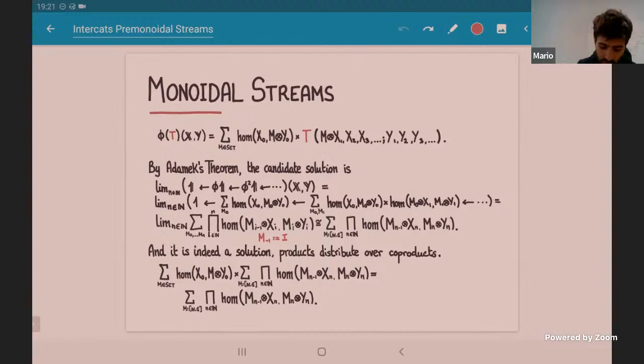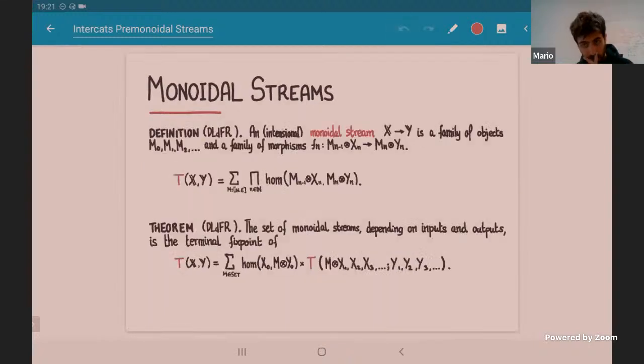And we get a definition of monoidal stream, which is this one here. So the first definition of the paper and first theorem is: an intentional monoidal stream is a family of objects, the memories, and a family of morphisms. And each one of these morphisms is going to take some memory from the past, an input, and produce a new memory and an output.